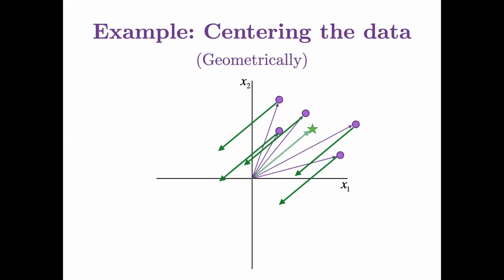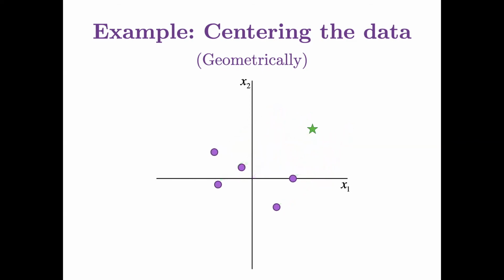Why opposite? Because I'm subtracting, so I'm adding negative the mean. The resulting points would be centered, which means that the new mean of the data is the origin.